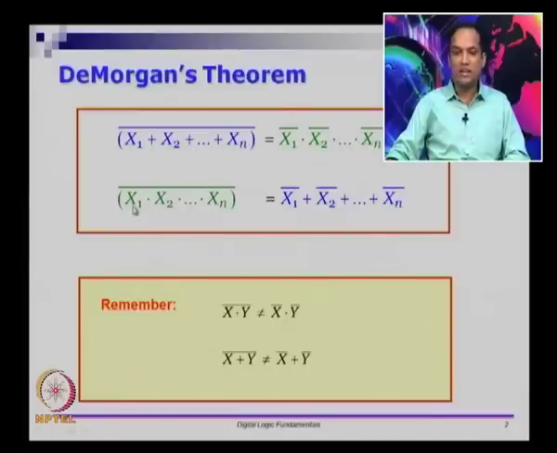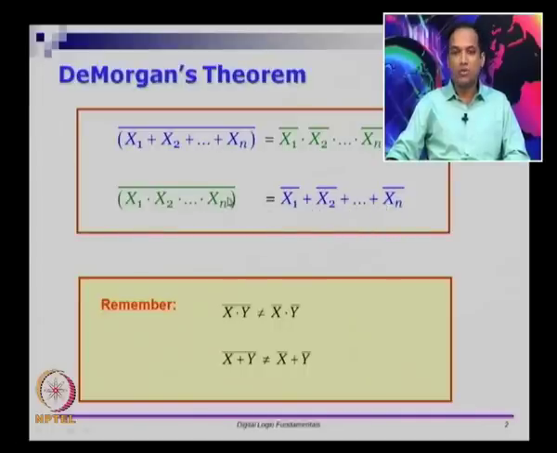Similarly, the dual of that is if you take and of x1, x2 so on up to xn, and if you take the complement, it is the same as the logical OR of x1 bar plus x2 bar plus so on up to xn bar.